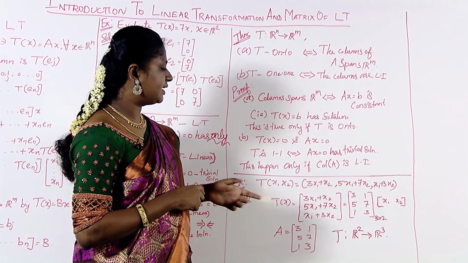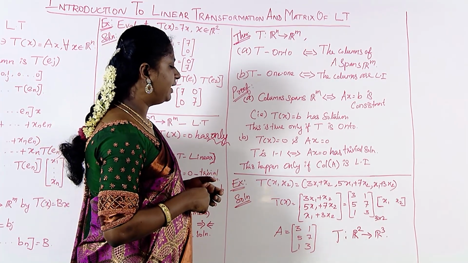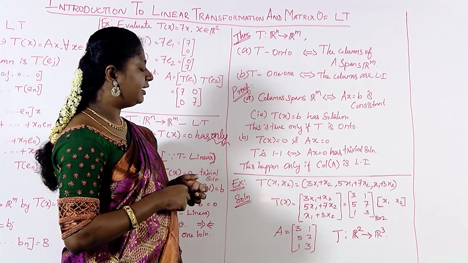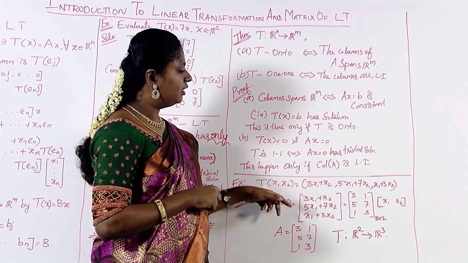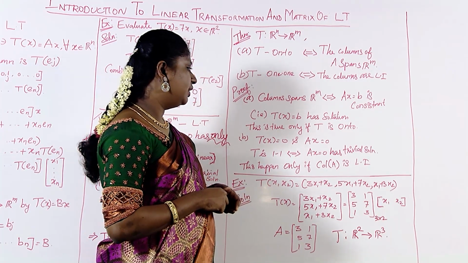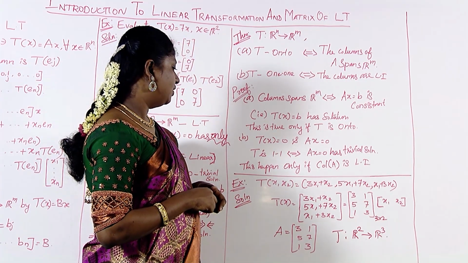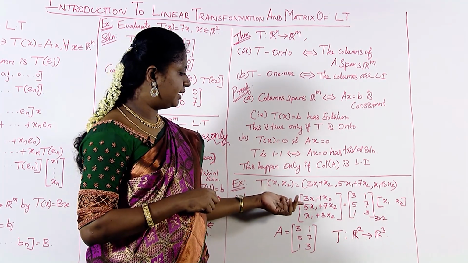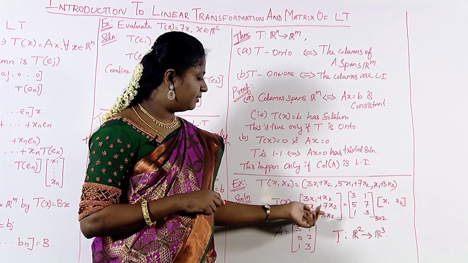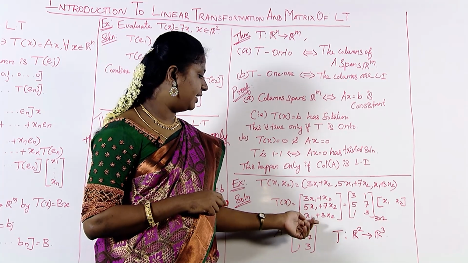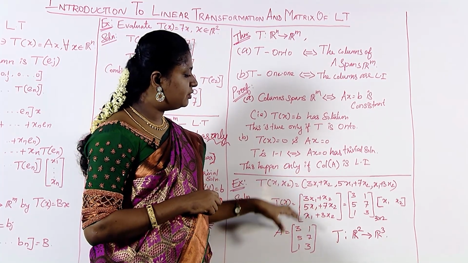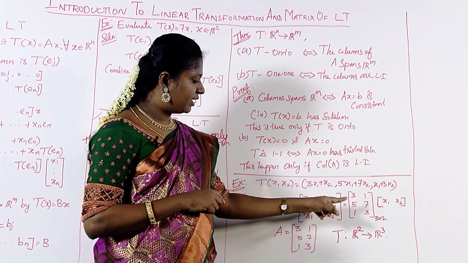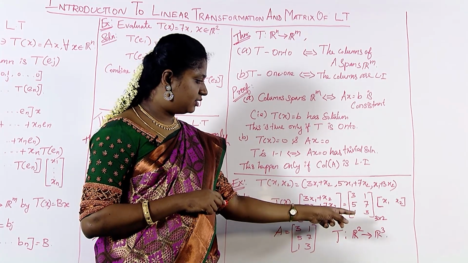So, consider the linear transformation T of x1, x2 defined as 3x1 plus x2, 5x1 plus 7x2, and x1 plus 3x2. So, here the T of x value is nothing but 3x1 plus x2, 5x1 plus 7x2, x1 plus 3x2, and this can be put in the form of the matrix [3 1; 5 7; 1 3] times [x1; x2].